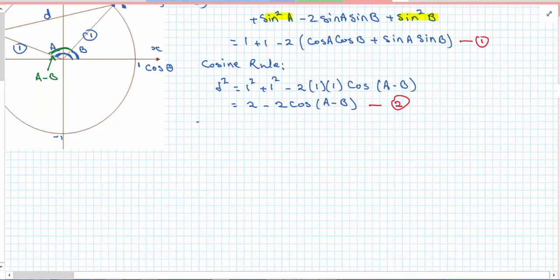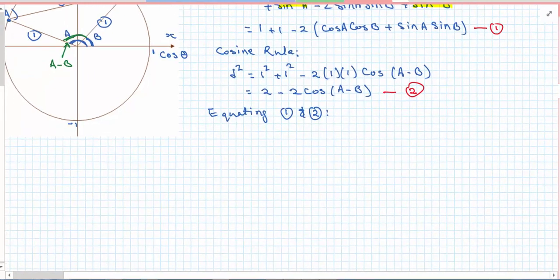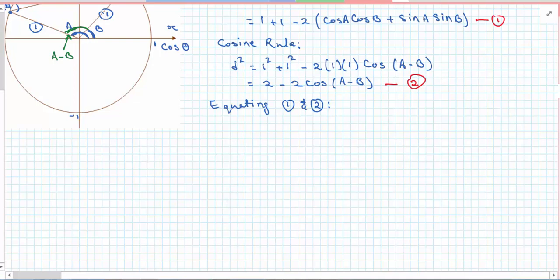Equating 1 and 2, results in 2 minus 2 cos A minus B equaling 2 minus 2 cos A cos B plus sine A sine B.